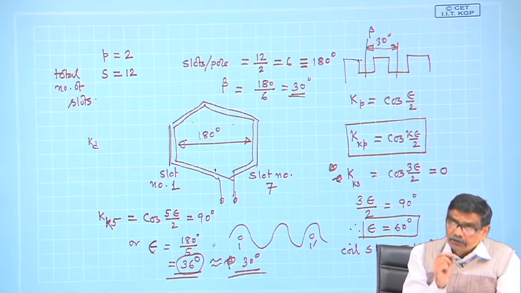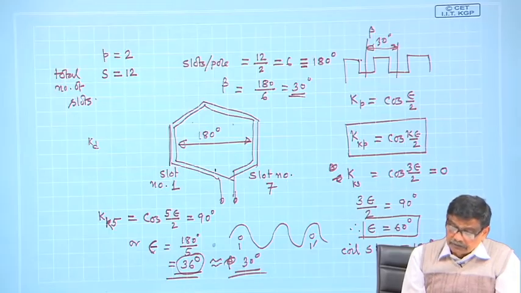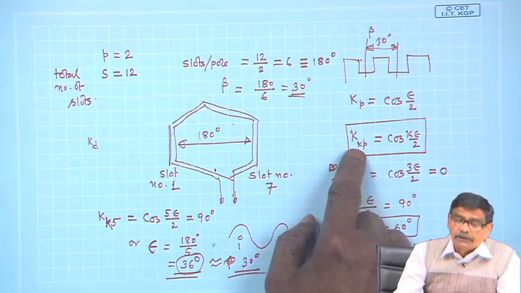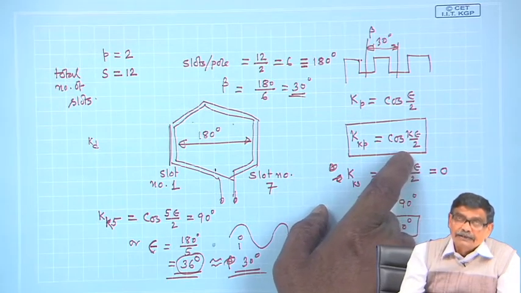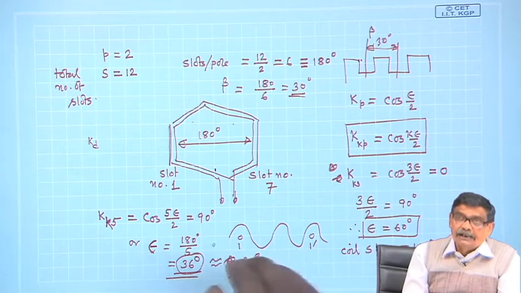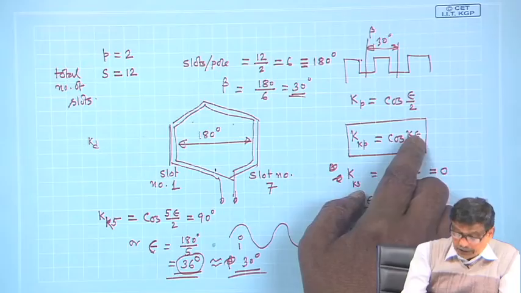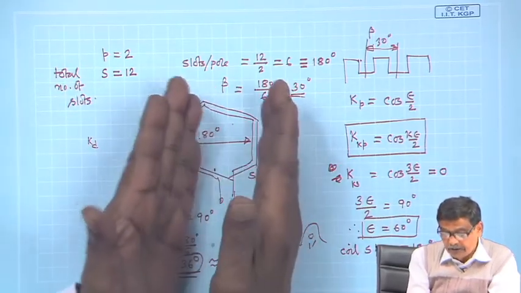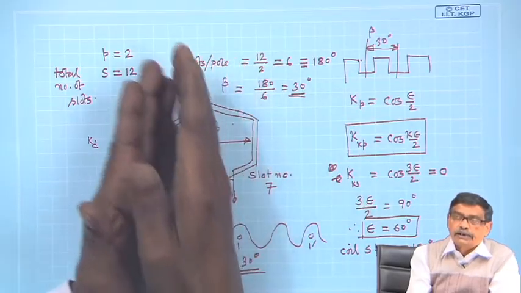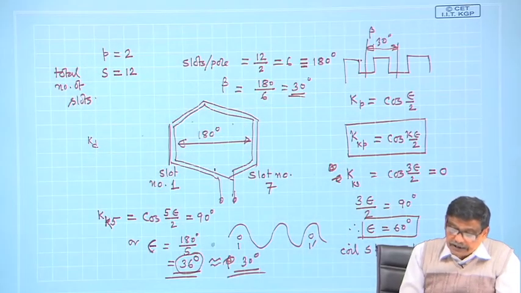Therefore, the pitch factor I have found for any kth harmonic is cosine k epsilon by 2, and it tells me that perhaps by choosing an appropriate epsilon, where epsilon is the angle by which the coil is short chorded, the coil will become short pitched by epsilon degree.